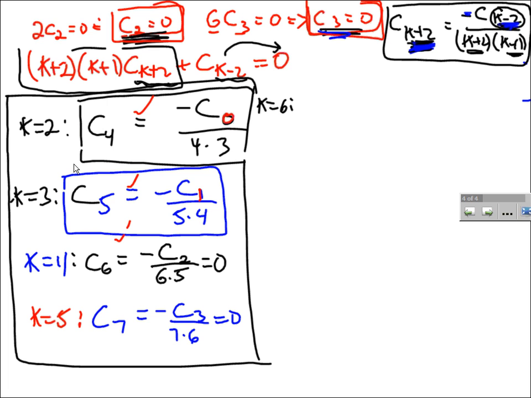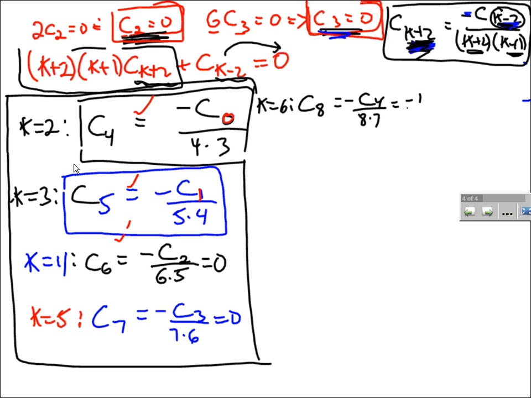K equals 6. So this subscript will be 8. So C sub 8 is equal to negative C sub 6 minus 2, which is 4, over 6 plus 2 times 6 plus 1. But here's where it gets a little bit tricky.